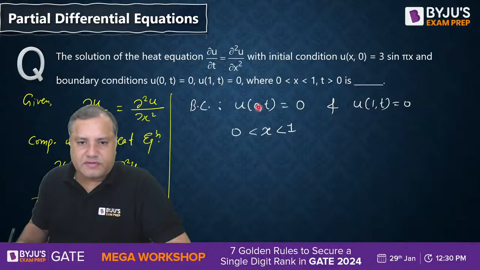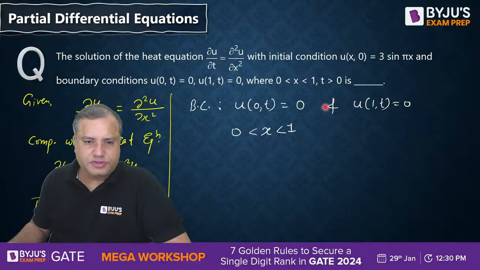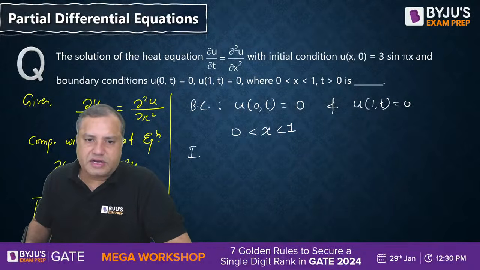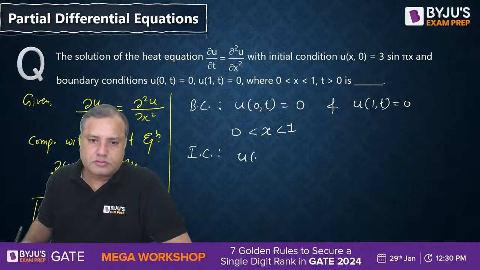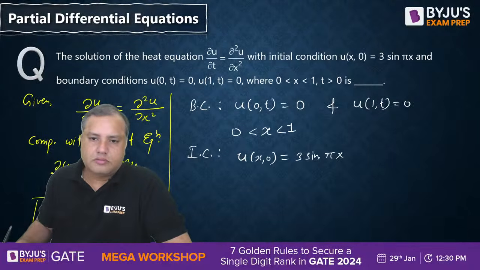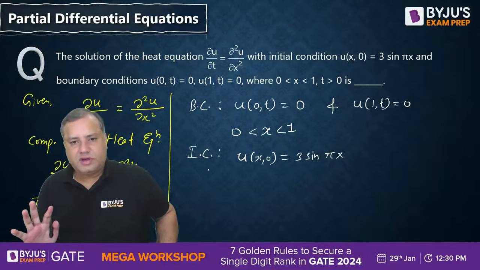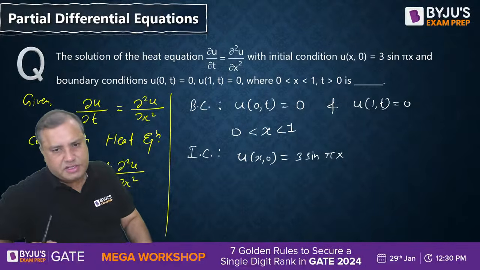So at x equal to 0, u is 0. At x equal to 1, the upper bound, u is also 0. Now the initial condition, this is related with time. U of x comma 0, the time variable is 0, so you are getting 3 sine. Understood? These are the given conditions.